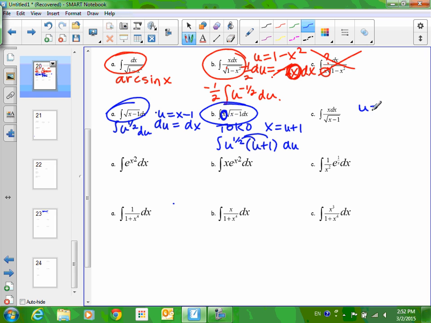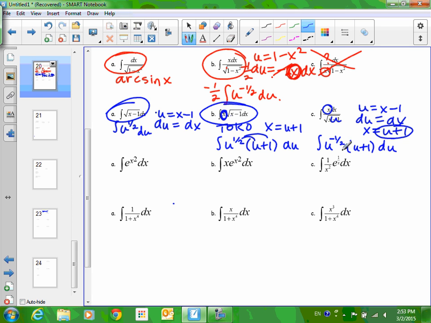I'm going to rewrite this. We already let u equal x minus 1. We said du equals dx, and we said x equals u plus 1. So in this problem, what would the power on just u be, since it's a square root in the denominator? Negative 1/2. And there's an x right here. That's okay. I have an x over here. This is another Tokko.